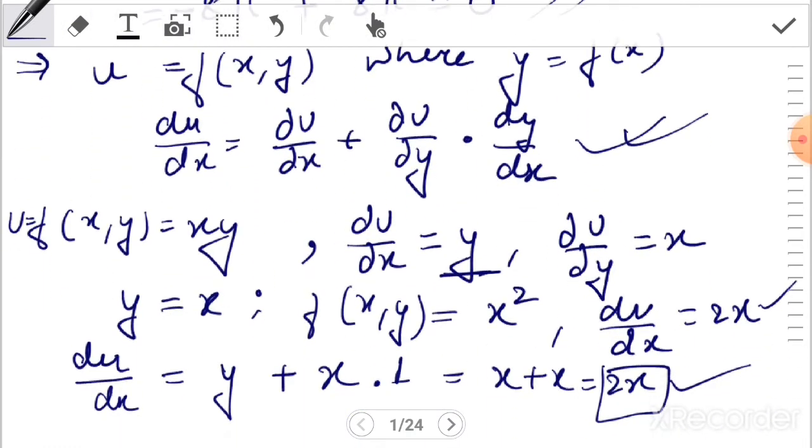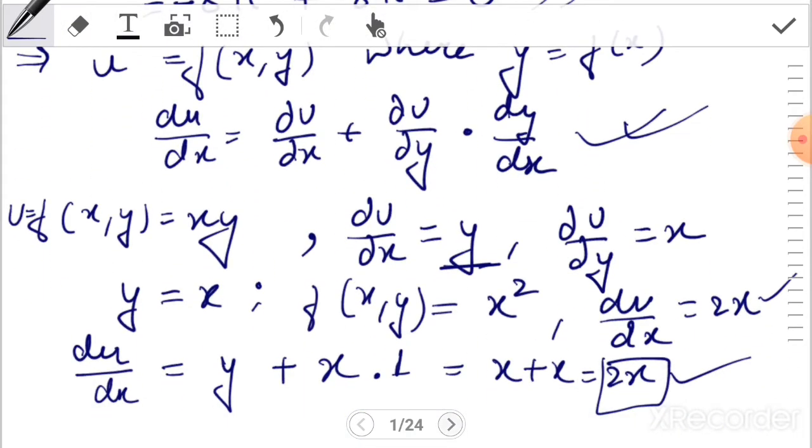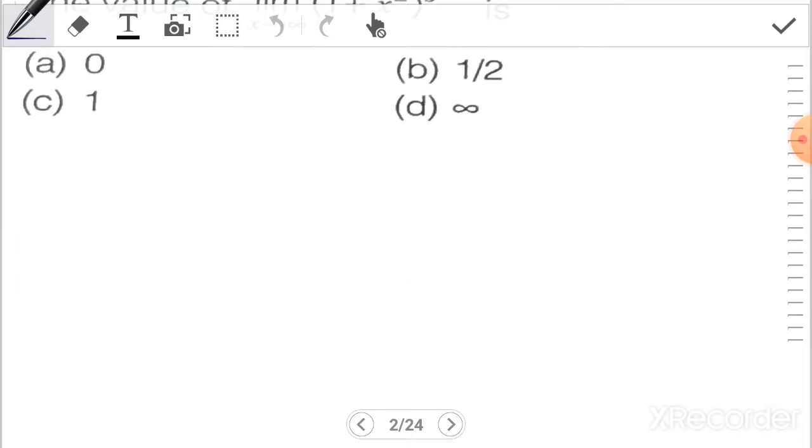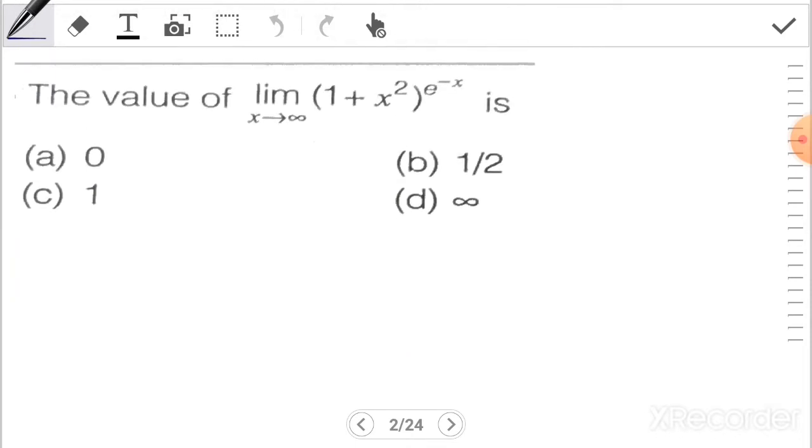Okay, let's go to the next problem. This is the problem on limit. The value of the limit as x tends to infinity of (1 + x squared) e raised to the power minus x is.